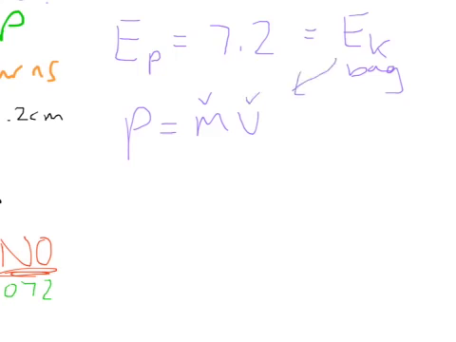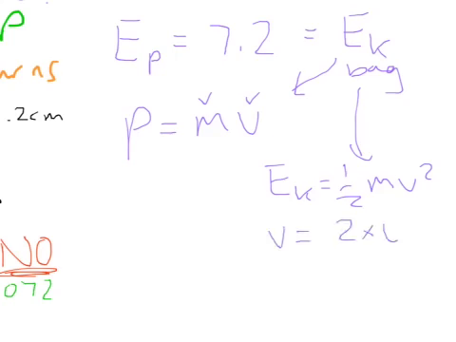So we'll just quickly do that part. From EK equals half mv squared, we know that V will equal the square root of 2 times EK divided by mass. Write that really carefully. Very easy to make mistakes.